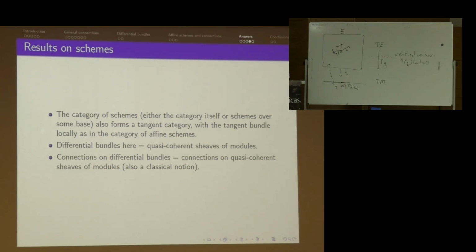And the quasi-coherent sheaves, maybe I'm doing something wrong, but are you saying that the differential bundles here are the quasi-coherent ones? Okay, this is just affine schemes. This is now on schemes. Yeah, now on schemes. So for general schemes, it could be like this for each affine piece. Yeah. For each affine piece it looks like modules.